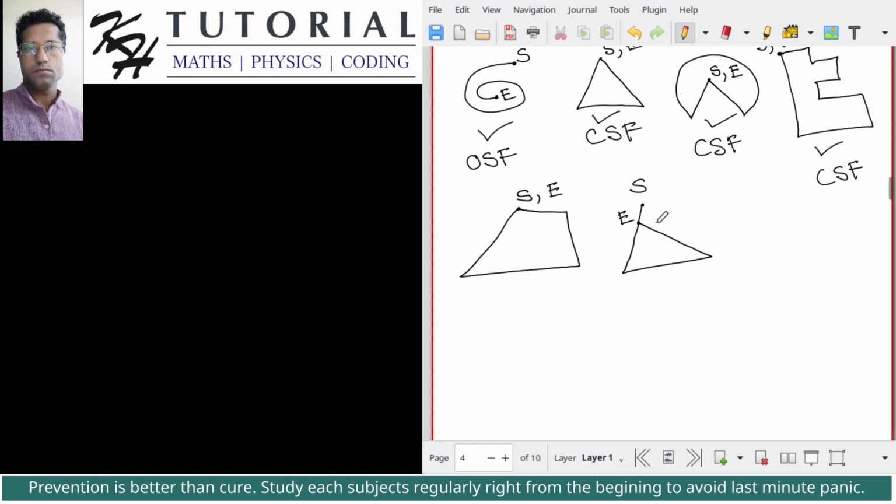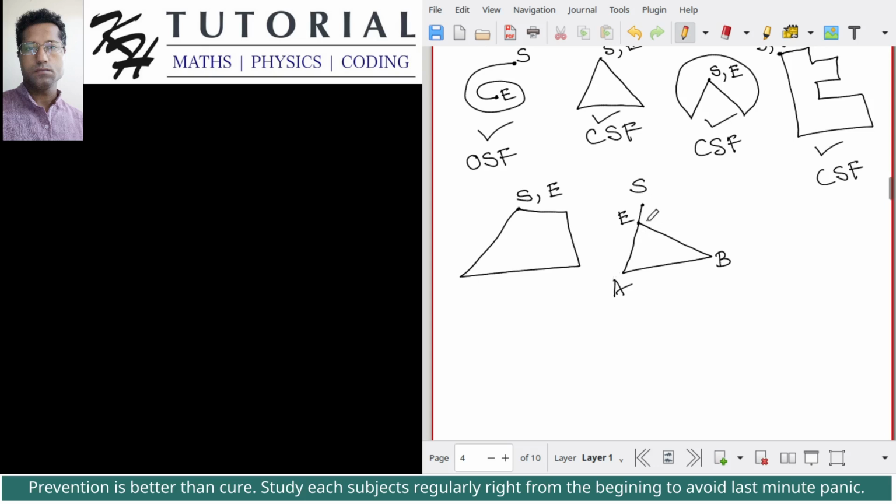Since this end point E is different from the starting point, and the point E is on the line segment SA, which was already drawn.